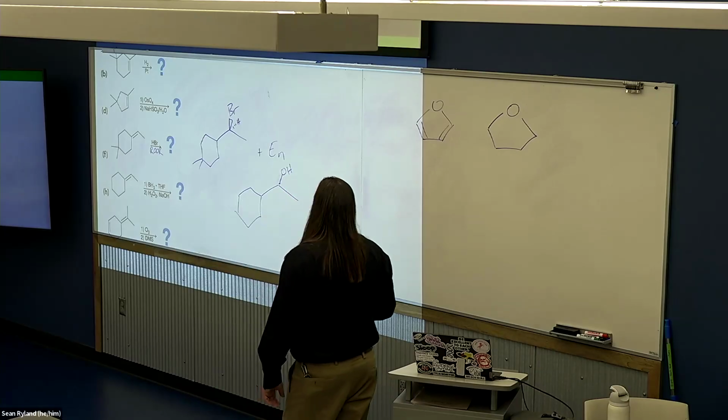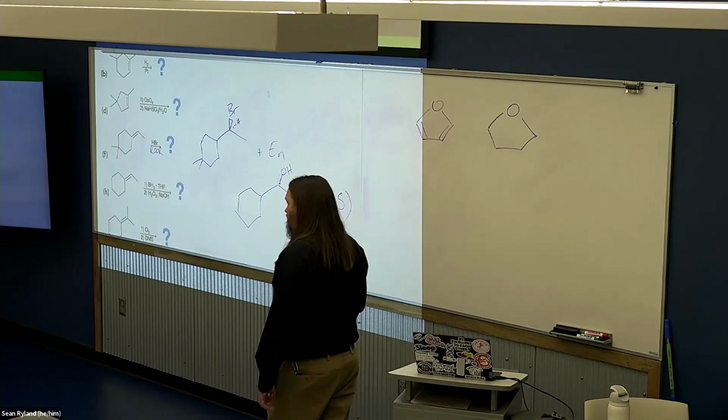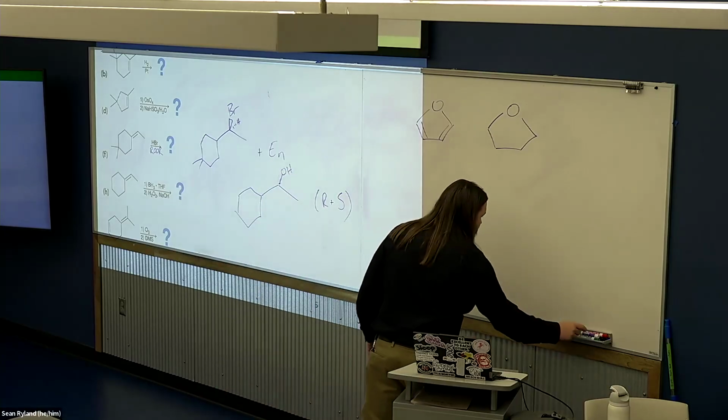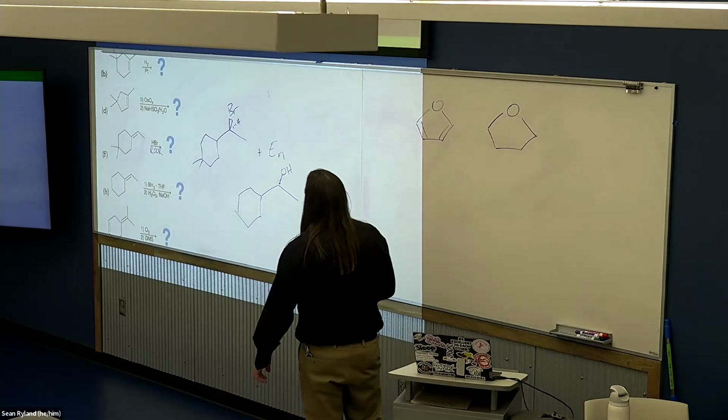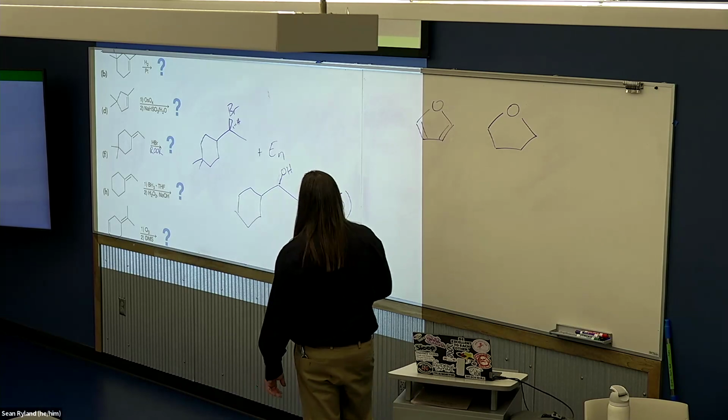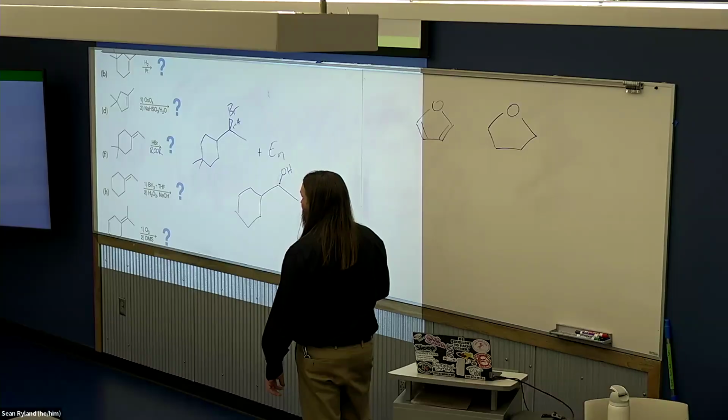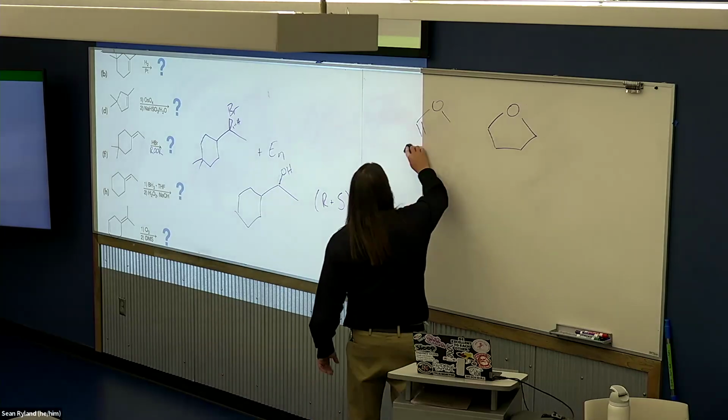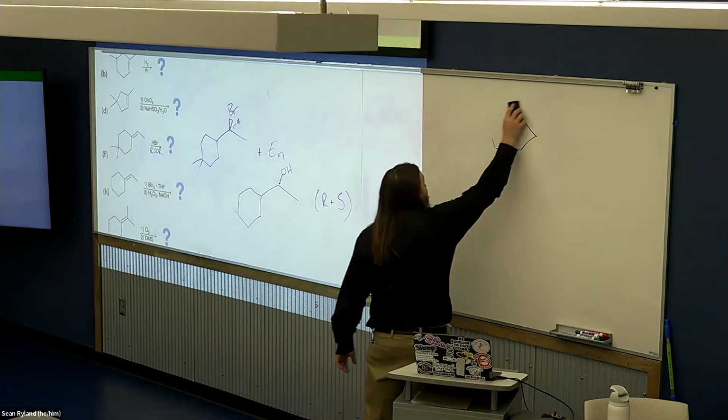It's a little bit higher boiling point than acetone, so it doesn't evaporate as easily. Acetone, THF, and DMSO, which is dimethyl sulfoxide, are the most common aprotic solvents. So you'll see them show up all the time.